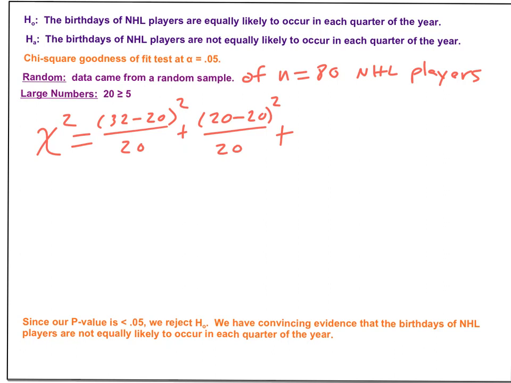Look what happens for a category if the observed and the expected match. You get a contribution of 0. So if our observed and expected matched exactly, you would get a chi-squared value that's 0, okay? Which would be really, really consistent with what H0 says, that the two distributions are the same.